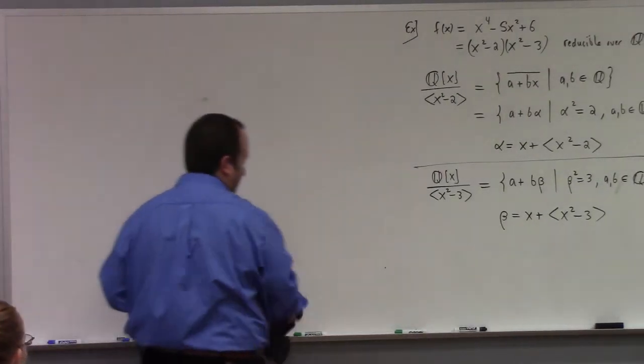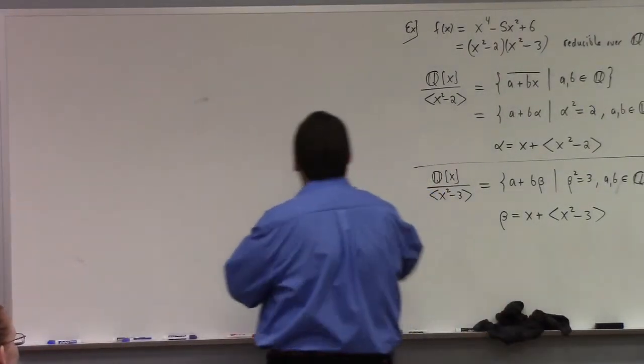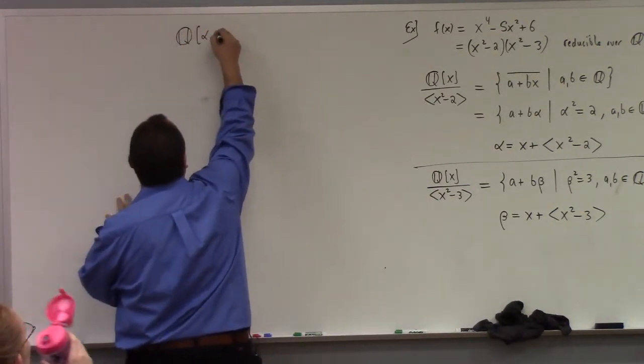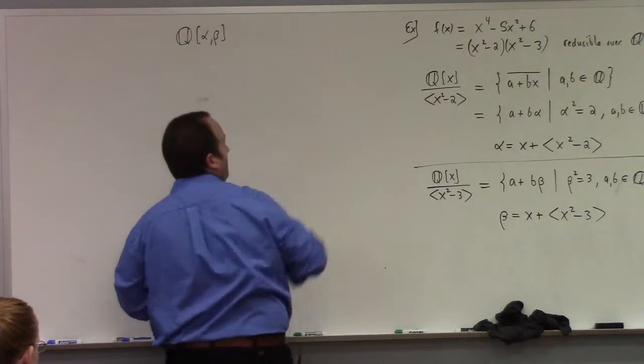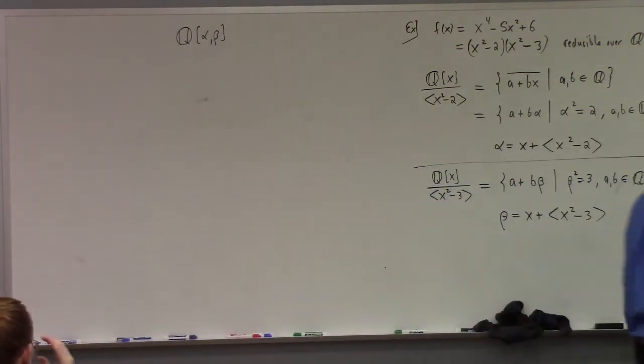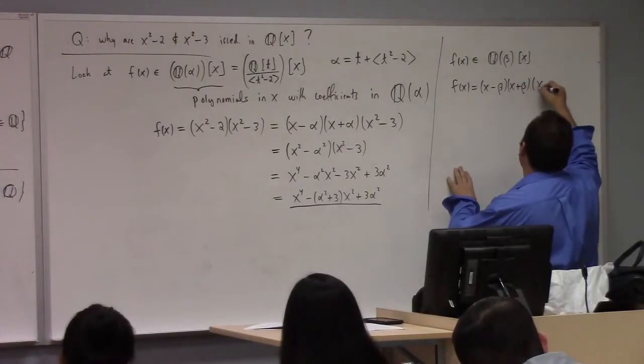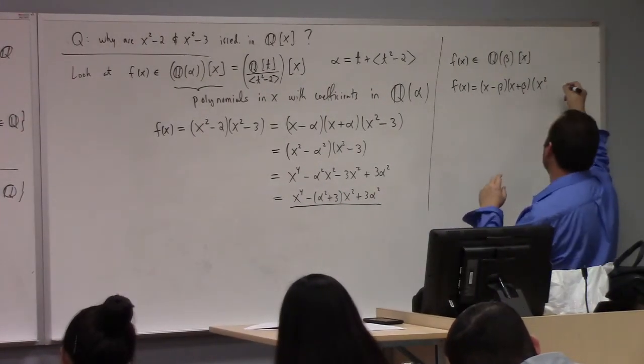And in that field, in Q adjoin alpha and beta, right? So I almost completed my thought here. The point here was that we could write f of x as x minus beta times x plus beta times x squared minus 2.